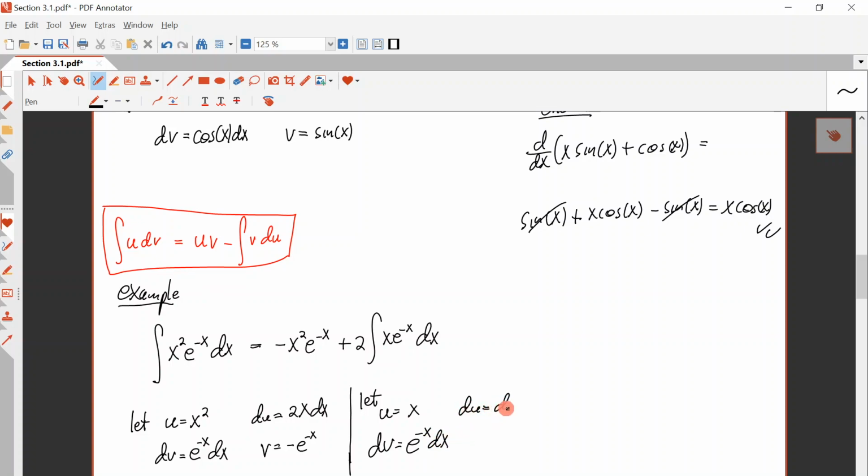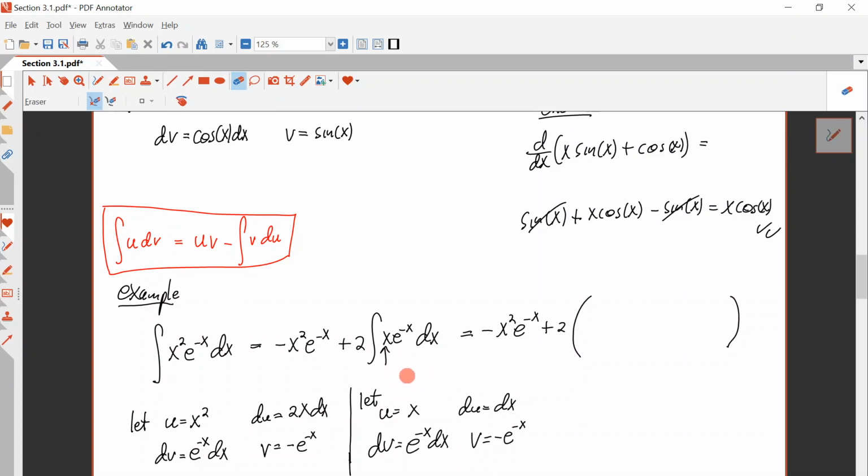So du is just dx, and v is the antiderivative of e to the minus x, which is minus e to the minus x. So this is equal to minus x squared e to the minus x plus 2 times, apply this here. That was u times dv. This is u, and that's dv.